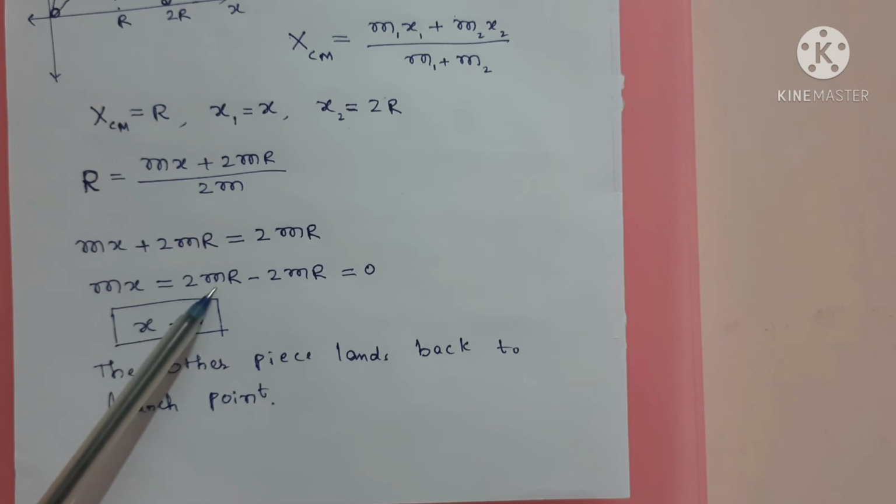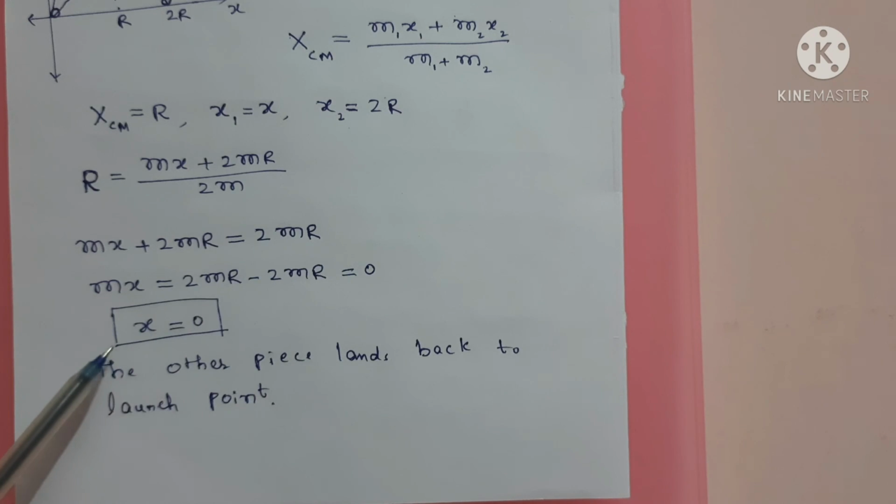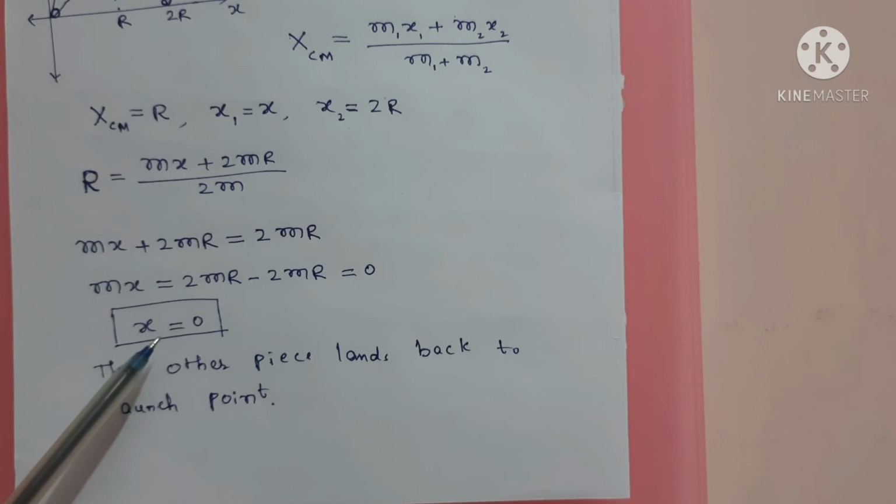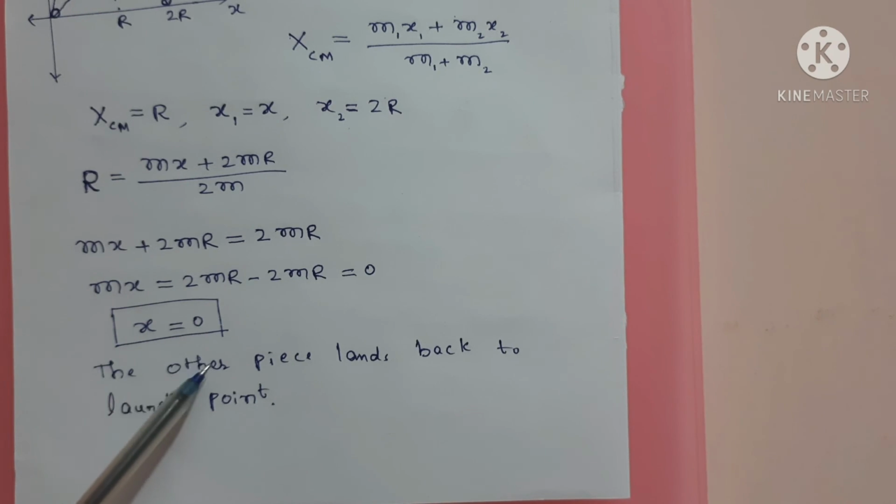Now mx is equal to 2mR minus 2mR equals 0. x is equal to 0. The x coordinate of fragment 1, that is m1, is 0. Means the fragment is reaching the launching point. The other piece lands back at the launch point from where you launched.